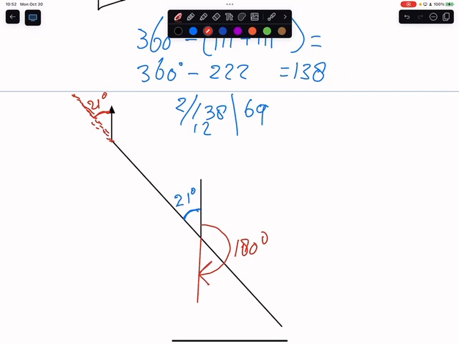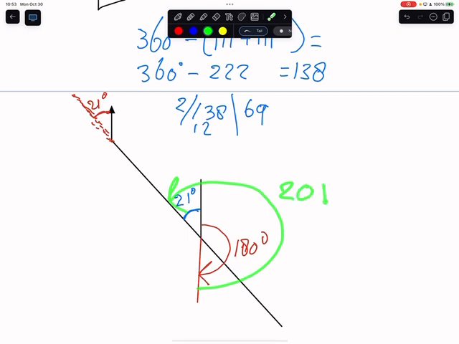Yes, but you cannot guess. You're going to say, well, I think it's... don't ever do that in a test. 200, then this would be 21.